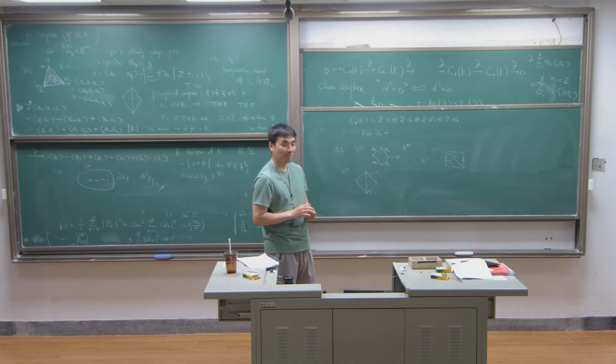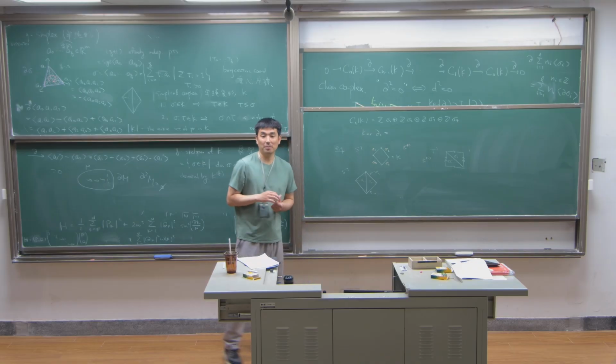What is the kernel of boundary 1 for this example? What is the kernel of this boundary map?